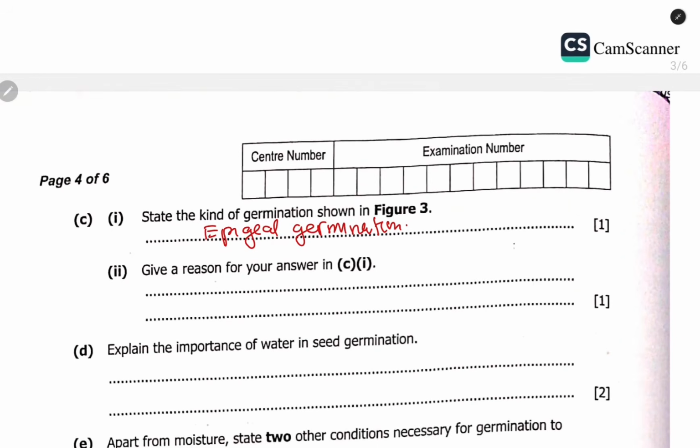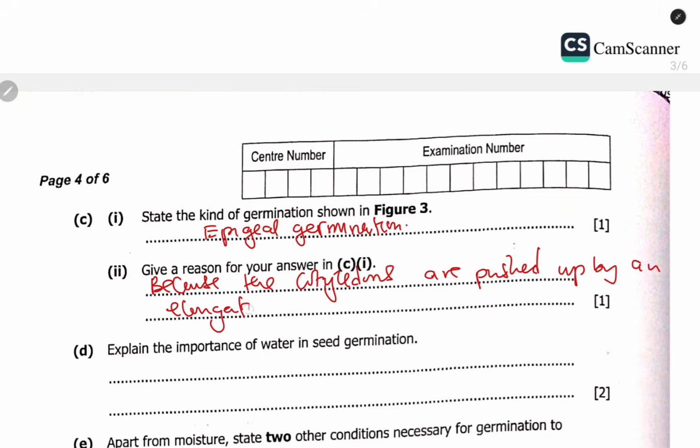Give the reason for your answer. So what is the reason? Because the cotyledons are pushed up by an elongation of the hypocotyl.